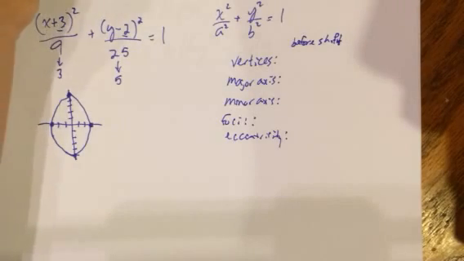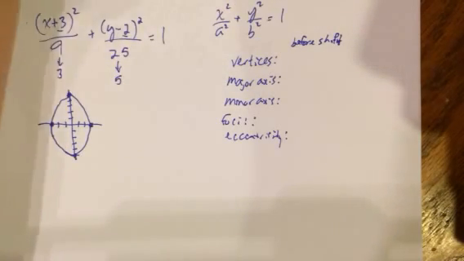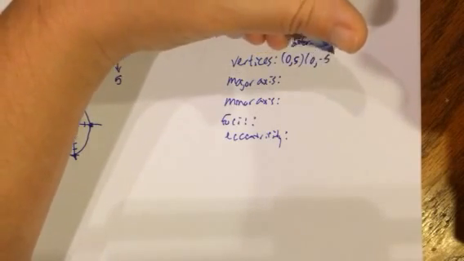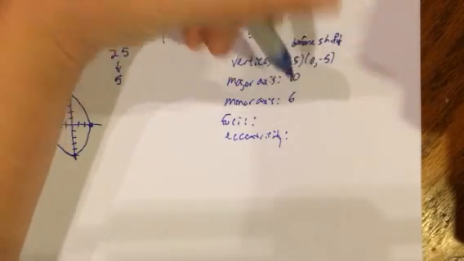So my vertices, my bigger one is 5, and that is on the y. So I'm going to get 0, 5, and 0, -5. Major axis, 5 and 5 would give me 10. Minor axis, 3 and 3 would give me 6.